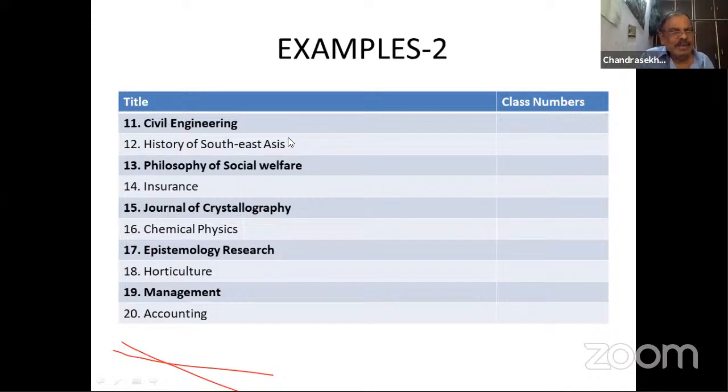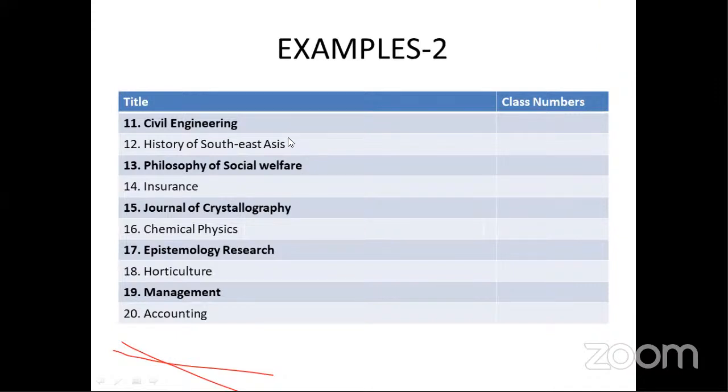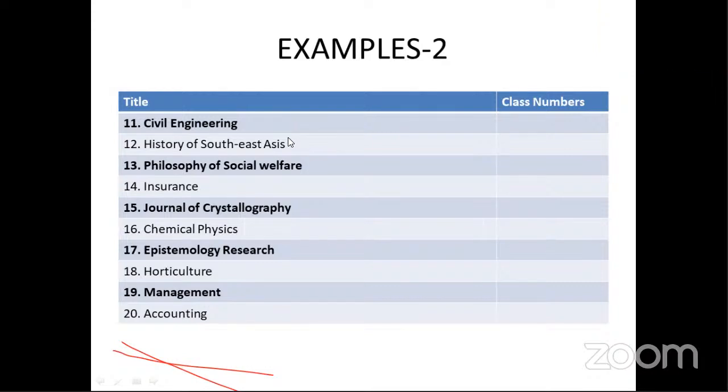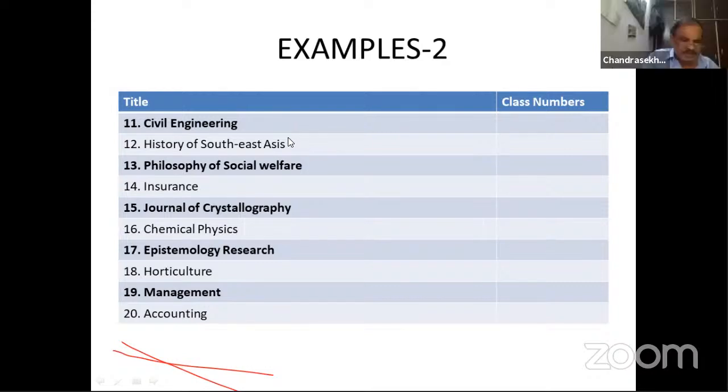Then management. 650. So management, 658. 658 is business management, I think. 650 is management simply, general management. Here it is not specified, so general management is 658.